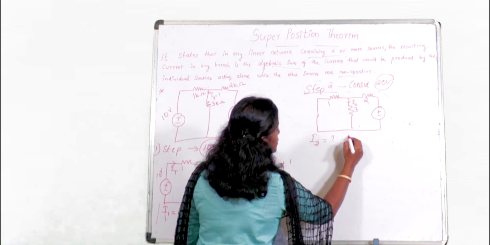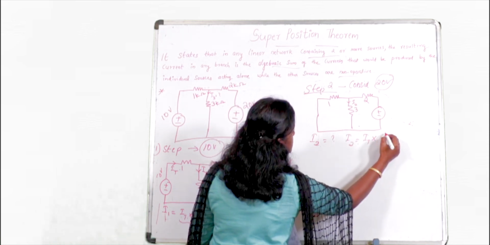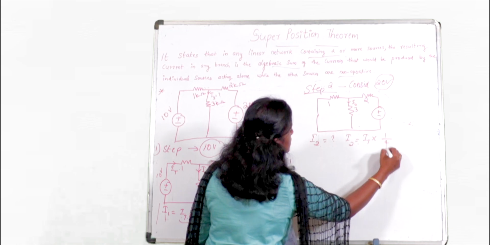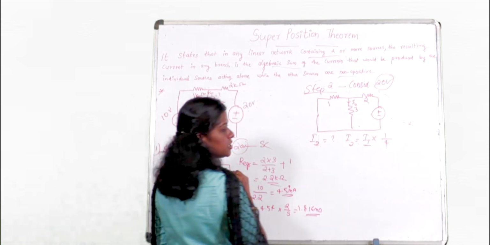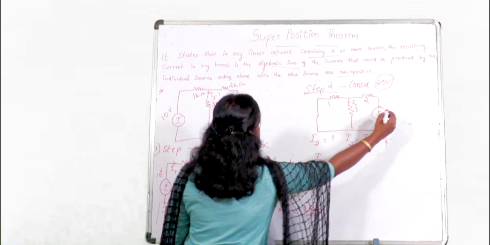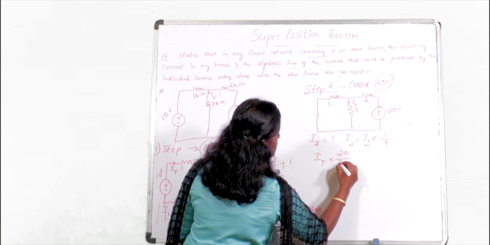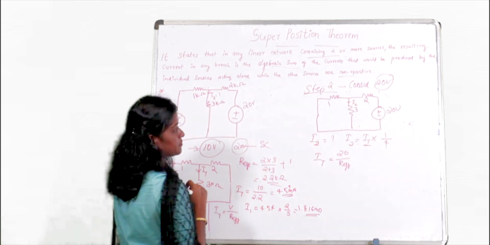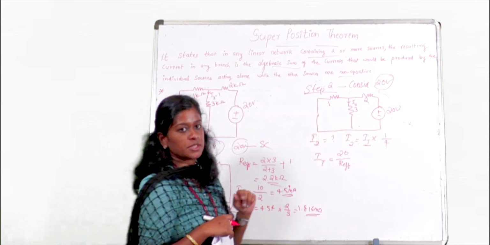So here I2 will be equal to total current into this 1 divided by 3 plus 1, that is equal to 4. So first we need to find total current. That will be equal to, this is the 20 voltage source, 20 divided by effective resistance.